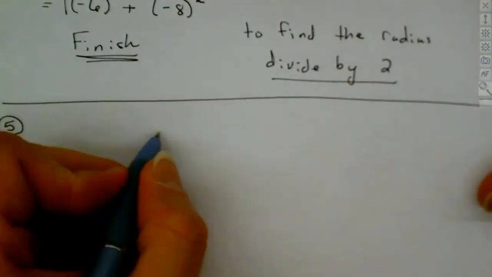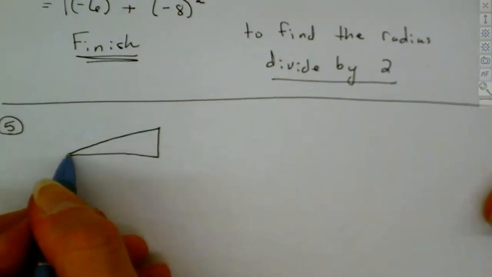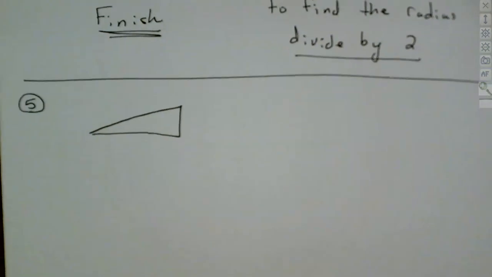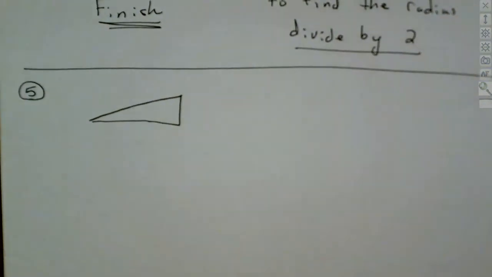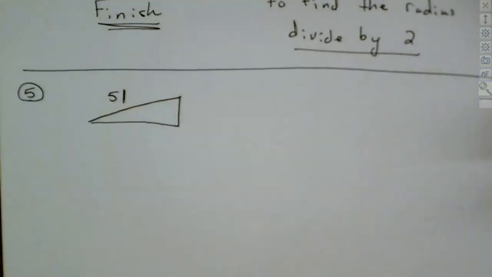So let's draw our picture. How long is this ramp? If we read it, the surface of this ramp is going to be what? 51. So 51 goes here. How tall is the ramp? Do we know?